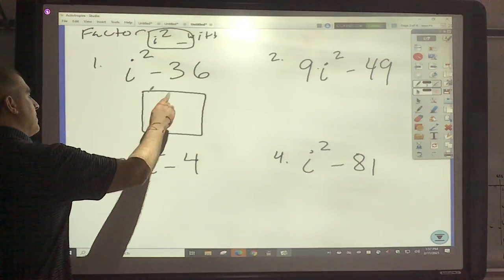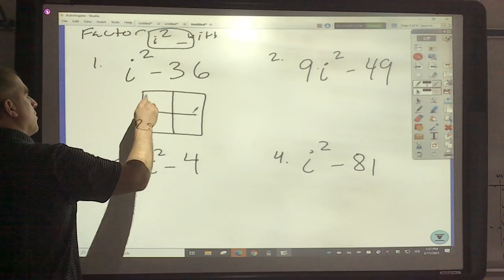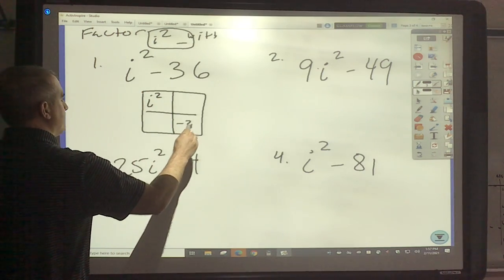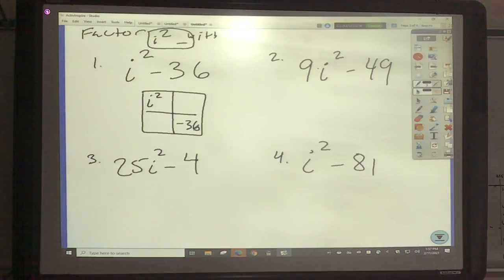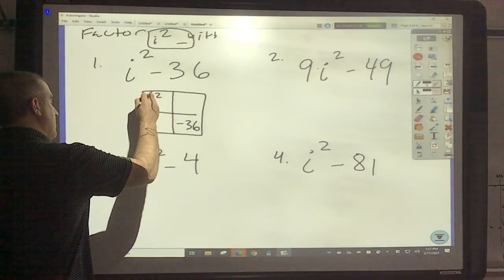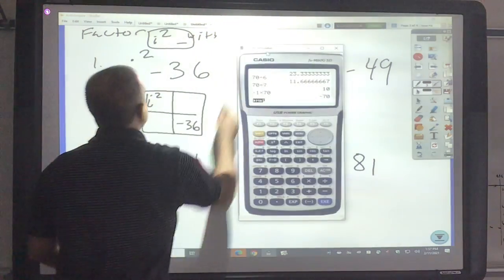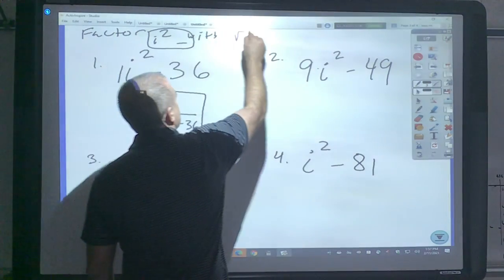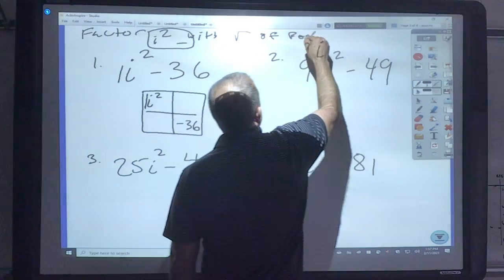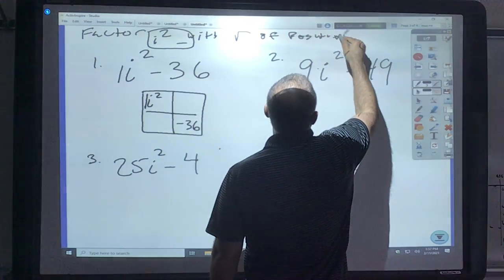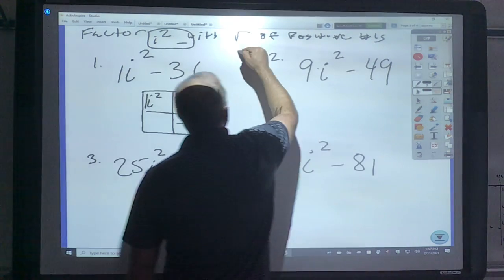You can go right to the box where this is your first term and this is your last term. There is a 1 here, so put a 1 there. When you have this, you can take square roots of the positive numbers and put them down the side.